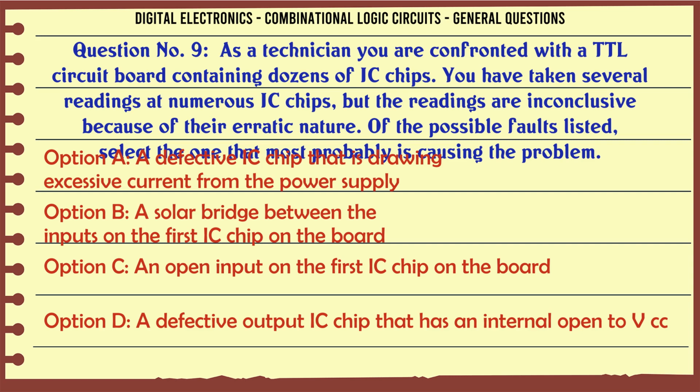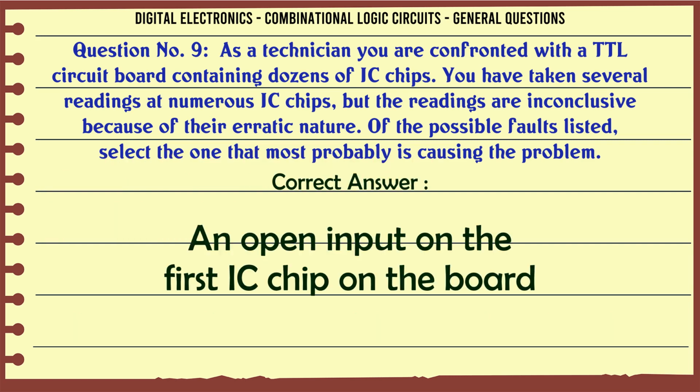A. A defective IC chip that is drawing excessive current from the power supply. B. A solder bridge between the inputs on the first IC chip on the board. C. An open input on the first IC chip on the board. D. A defective output IC chip that has an internal open to VCC. The correct answer is an open input on the first IC chip on the board.